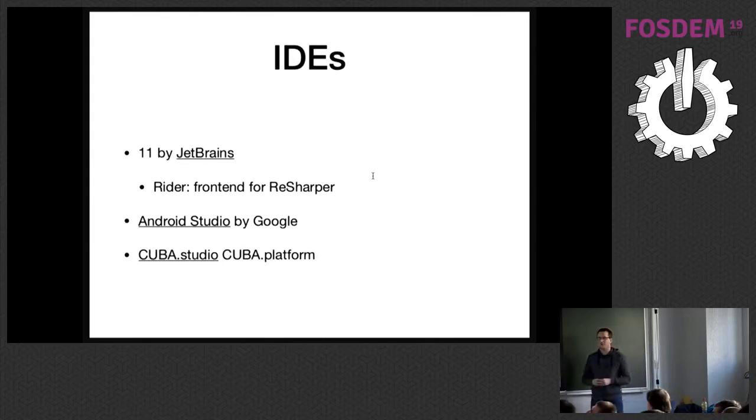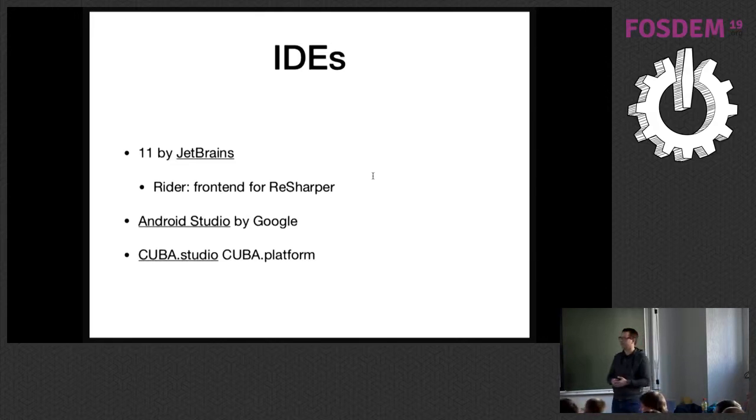Probably the best known IDE which is not built by JetBrains is Android Studio, which is the official IDE for anything Android based. It was built by Google based on the Android plugin we did before. There's also a couple of others.